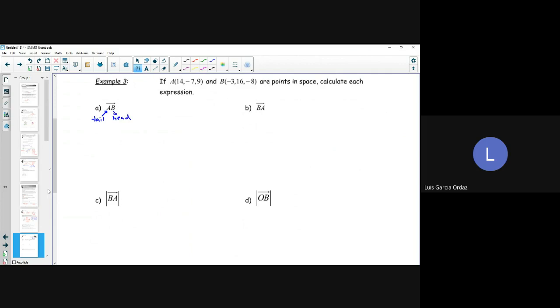So I want you guys to calculate vector AB for me and tell me what it is going to be. Given that vector AB is equal to OB minus OA, I want you to try and figure out what my vector AB is going to be given the 2 points that we have. Type in your answer in the chat, please.